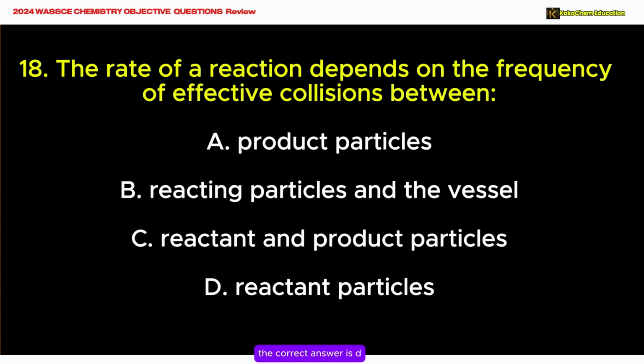The correct answer is D. Explanation. According to collision theory, chemical reactions occur when reactant particles collide with sufficient energy and proper orientation.